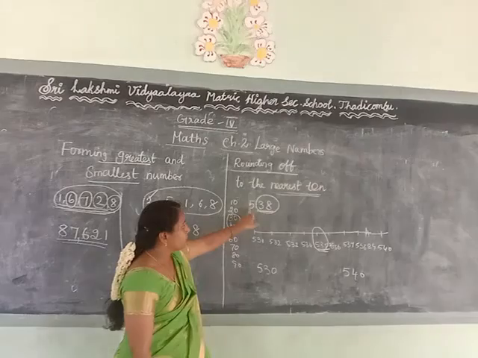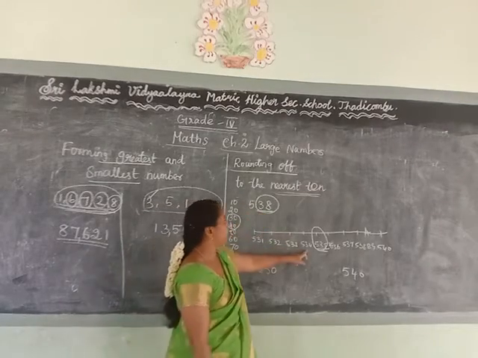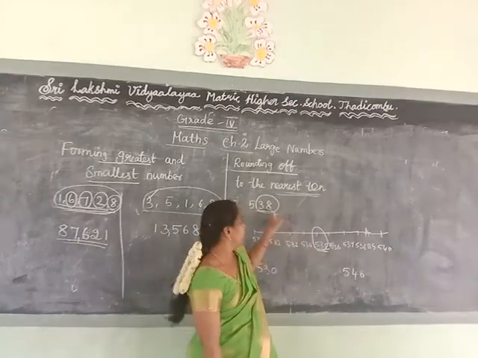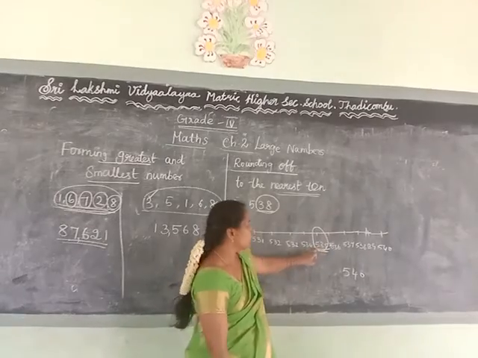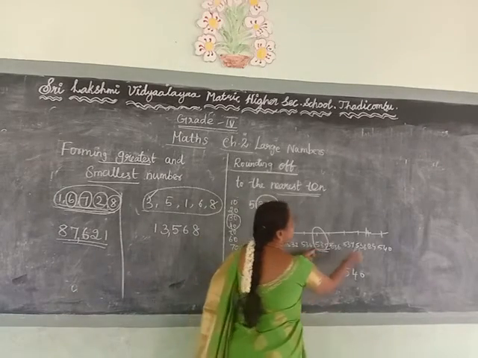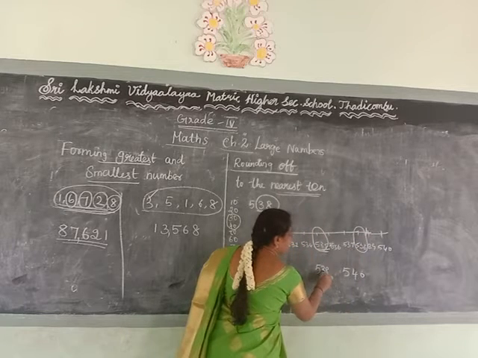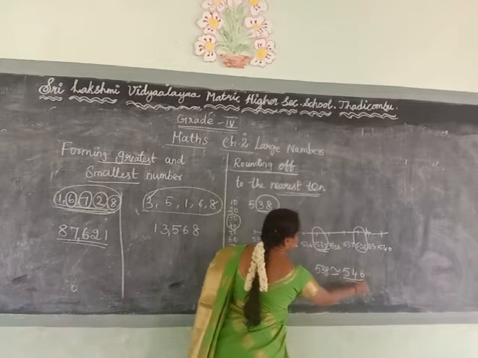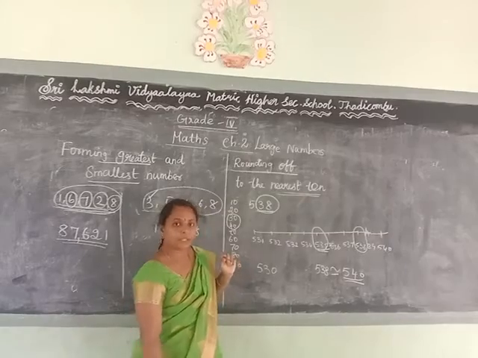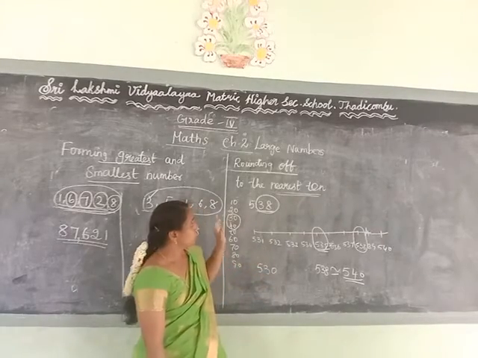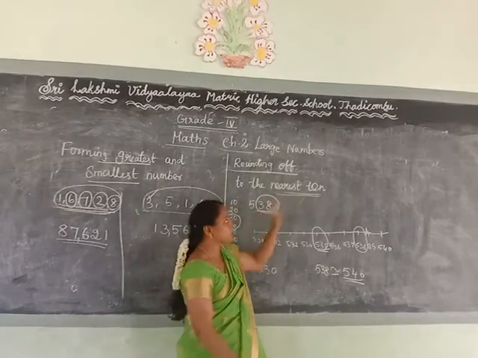So now see, where is this number? It is bigger than 5. Yes or no? 8 is bigger than 5. So 538 is closer to 540. Clear? Yes. So next is rounding to the nearest 10.